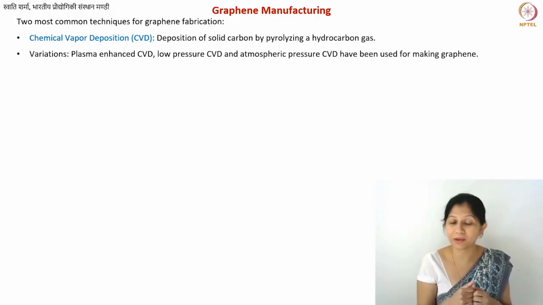Now within CVD also there are a lot of variations. Again, we are not going to discuss all of them, but I have mentioned some of these names here because you will often find that, okay, graphene was prepared by plasma enhanced chemical vapor deposition. So what is plasma enhanced?